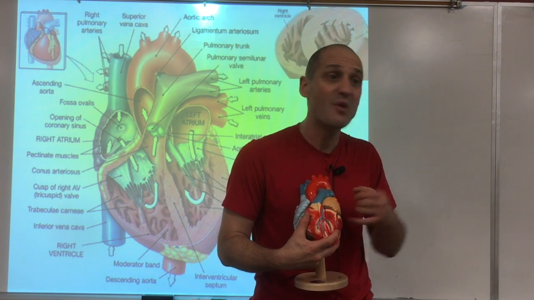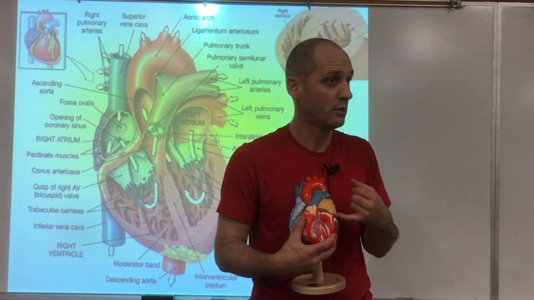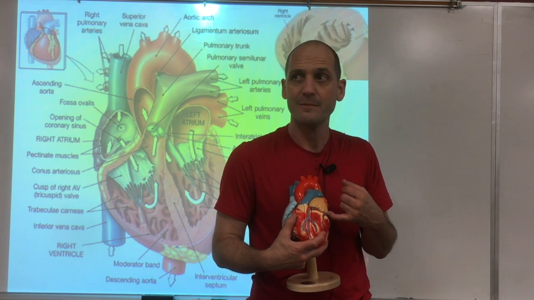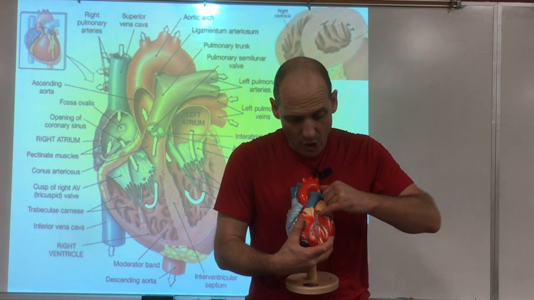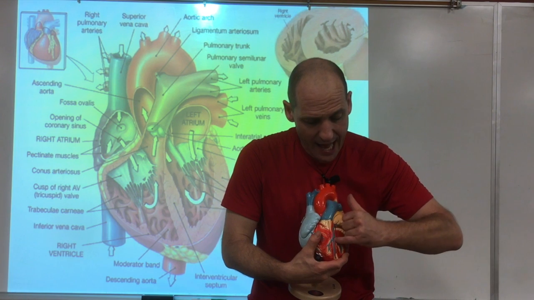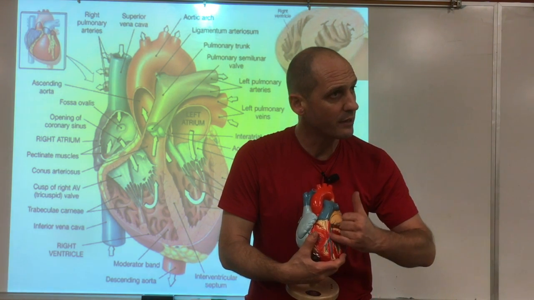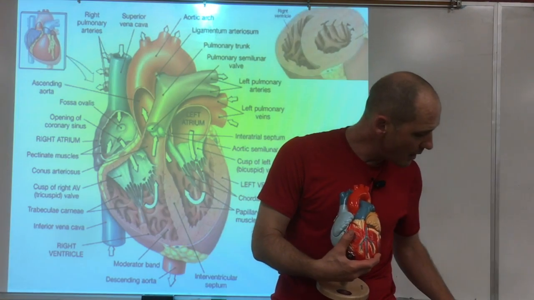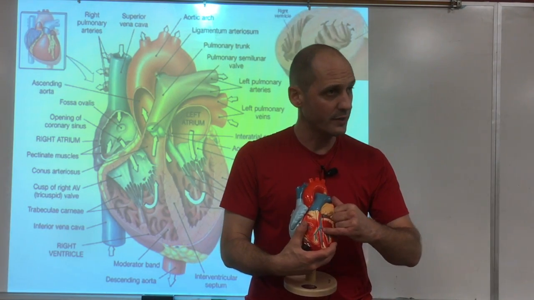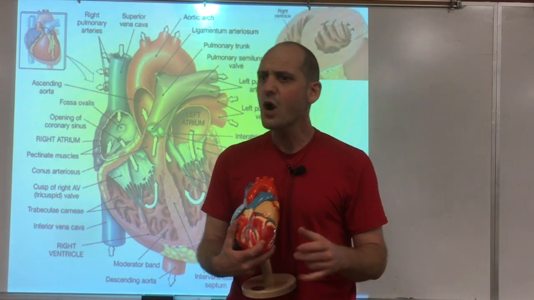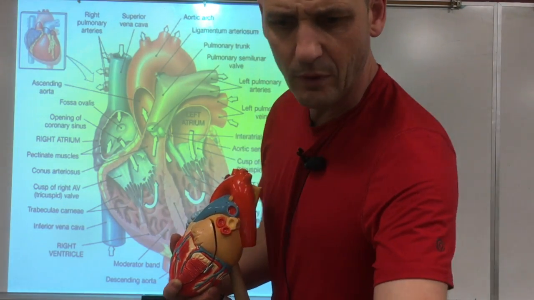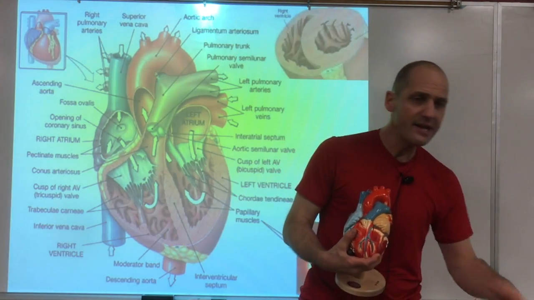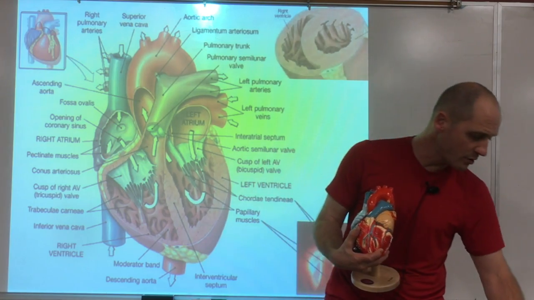Whenever an artery branches off, the names change. And so the branch that goes down in between the septum is known as the anterior descending artery. You got those names in your booklet somewhere, but I need you to know them here for the test.